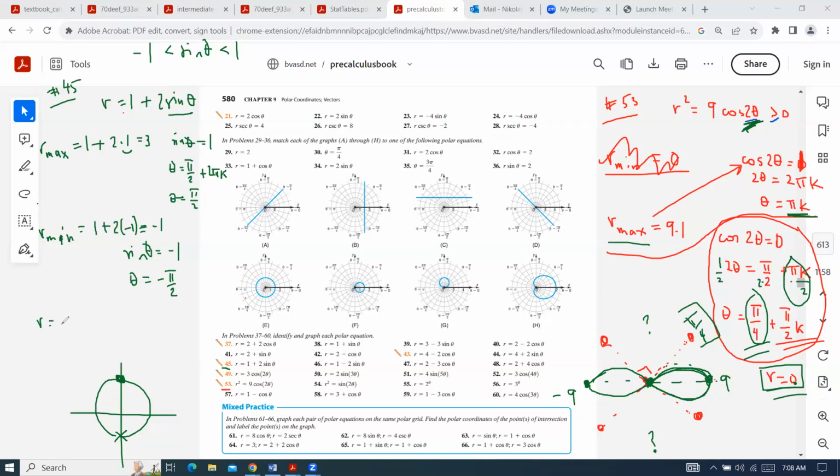So when r is equal to 0, you have your function equal to 0, so you need to set this equation equal to 0 and find the solution. So I can, 2 sine theta, bring 1 over to the other side. Let me do it slowly.